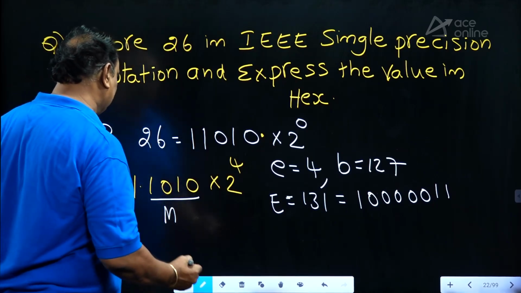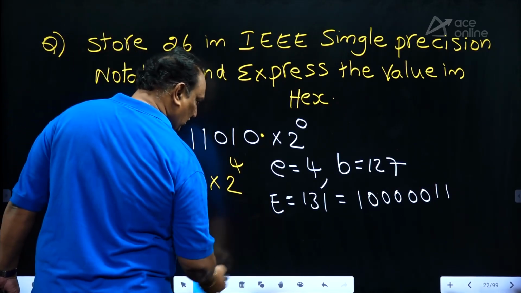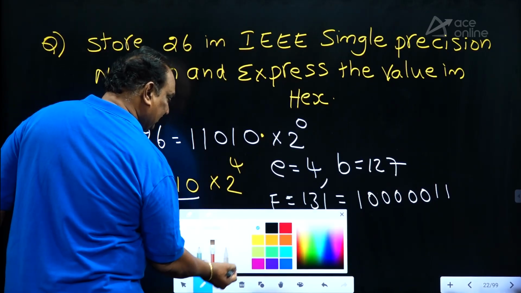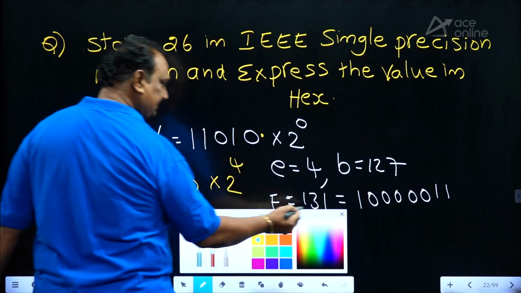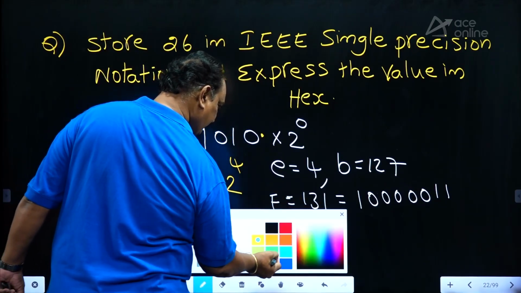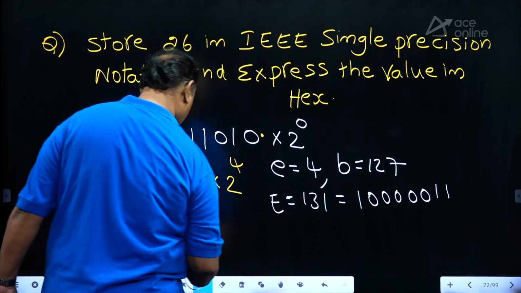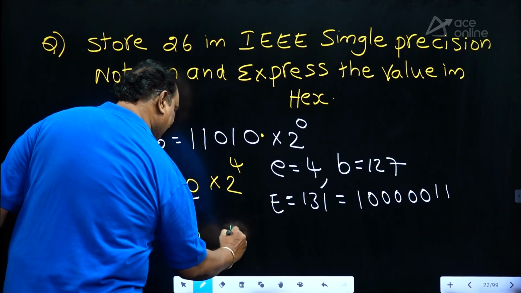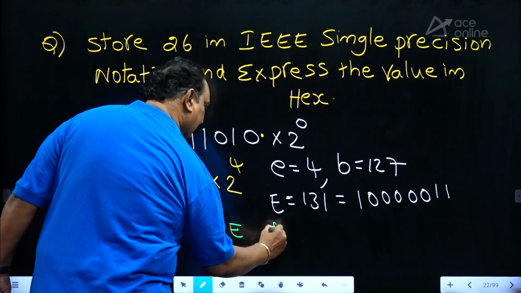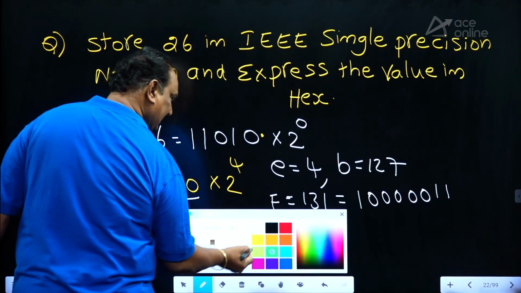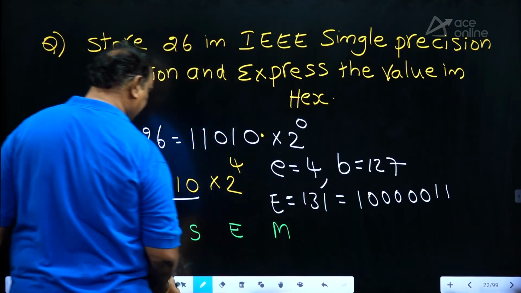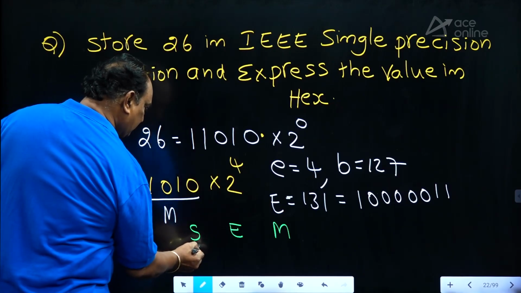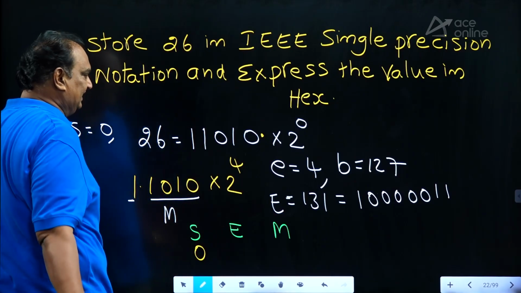Now store the values in the 32-bit register. Look here: S, E, M. What is S value here? Nothing but 0. What is capital E here?